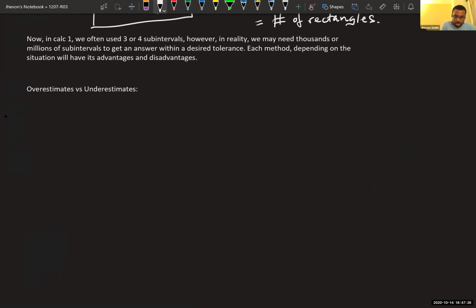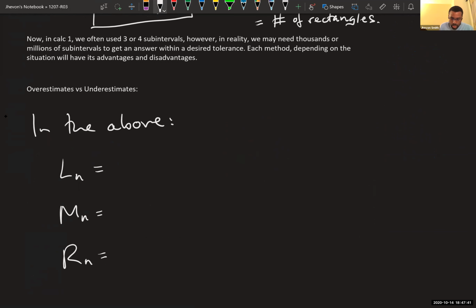So in the above example, if I did the left-hand rule versus the midpoint rule versus the right-hand rule, this one gave you an overestimate. This one gave you an underestimate.